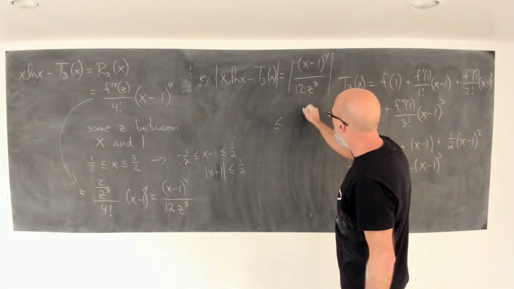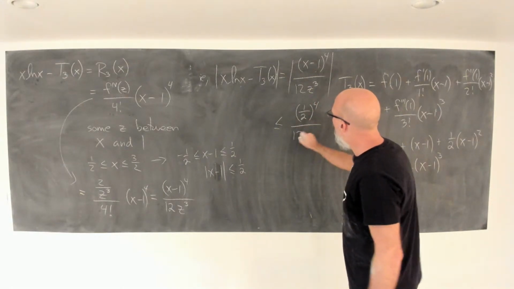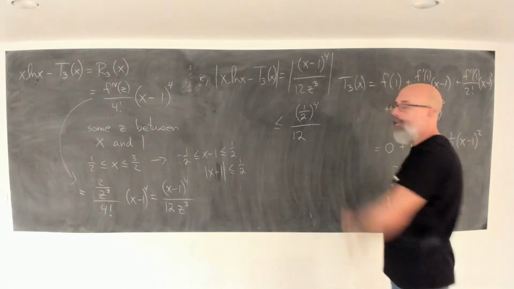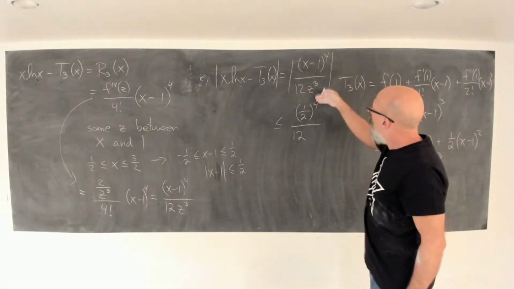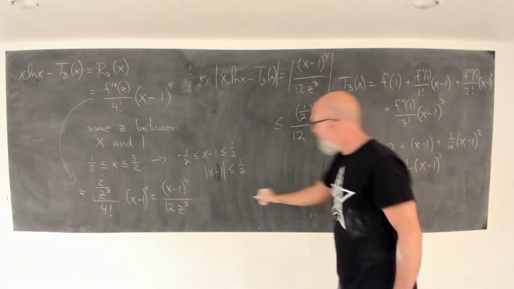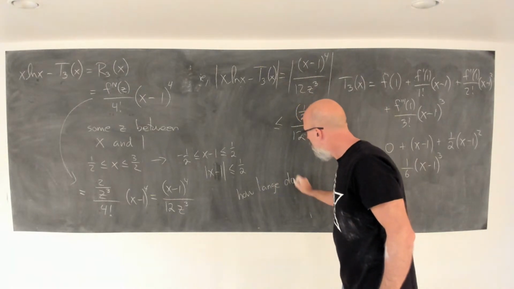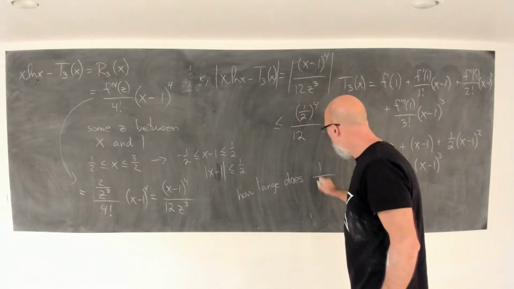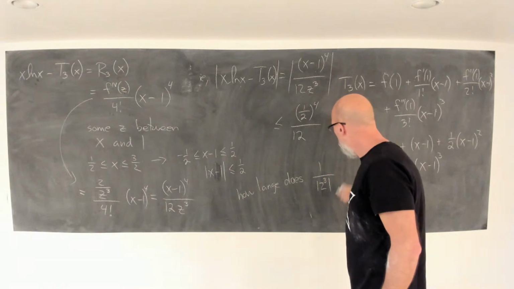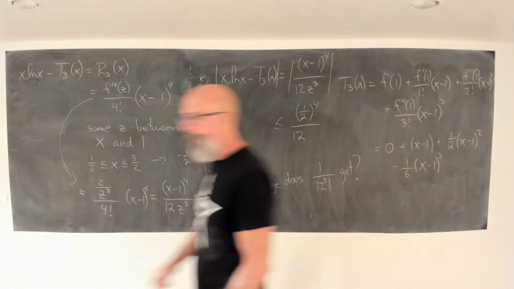So this is less than or equal to 1 over 1/2 to the 4. The 12 is constant. And what about z cubed? What about 1 over z cubed? How large does this get?